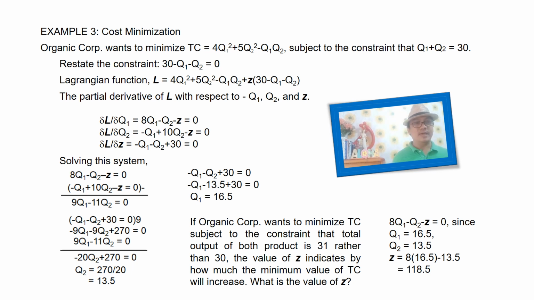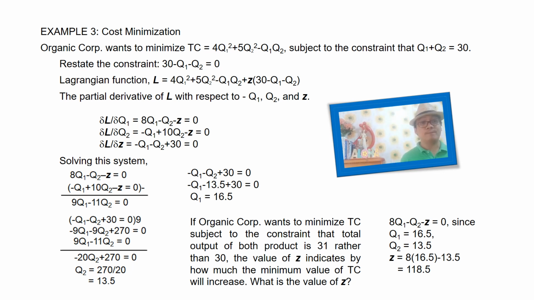Now, the partial derivative with respect to q1 is equal to 8q1 minus q2 minus z equals 0. The partial derivative with respect to q2 is equal to negative q1 plus 10q2 minus z equals 0.